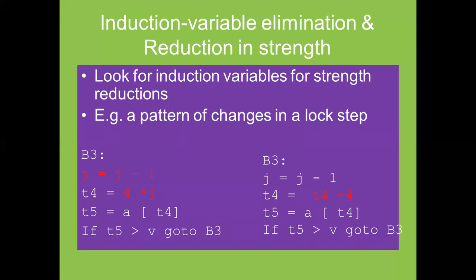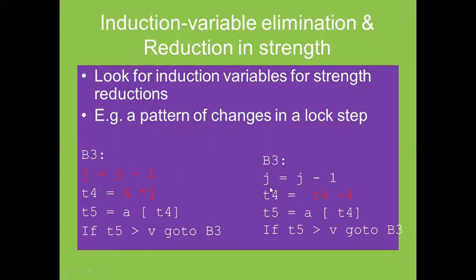For example, you can see a pattern of changes in a loop. B3 is a basic block: j is equal to j minus 1, t4 is equal to 4 star j, t5 is equal to a[t4], if t5 is greater than v, go to B3, another basic block. Now you can see the same thing on the left and right side.